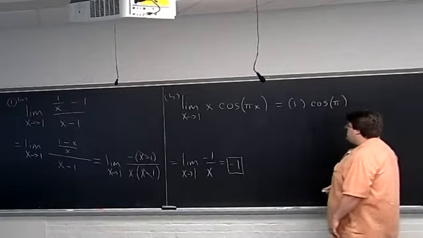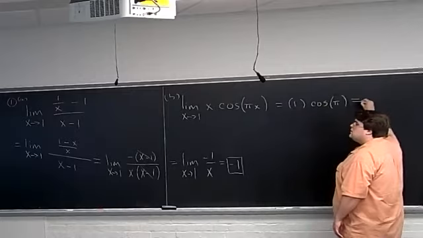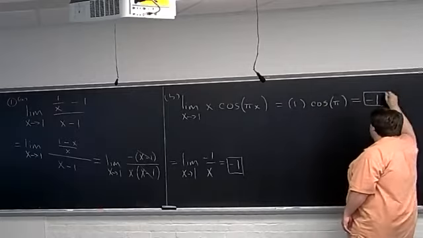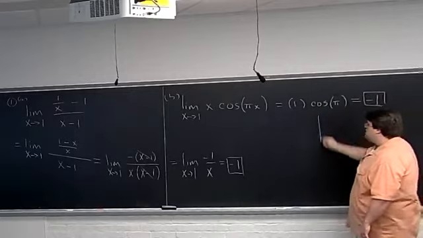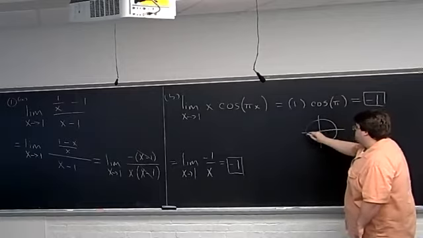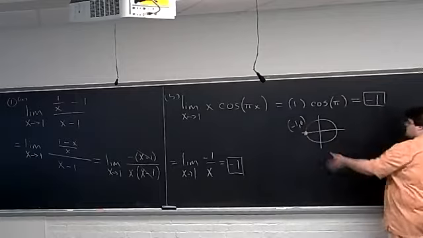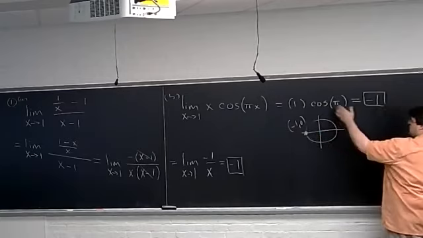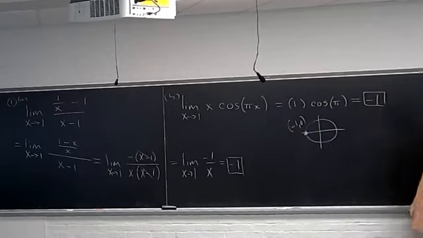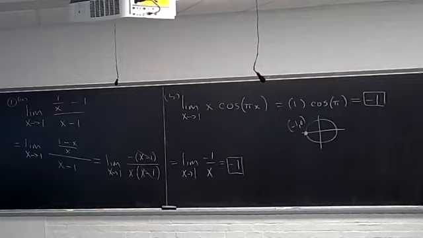Cosine of pi is a number. What's cosine of pi? It's the x value over there, negative 1. So we get 1 times negative 1, which is negative 1. Any questions about part B?